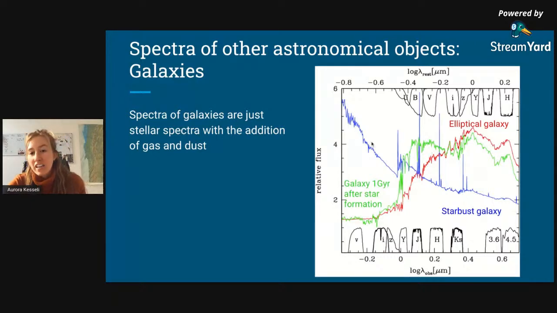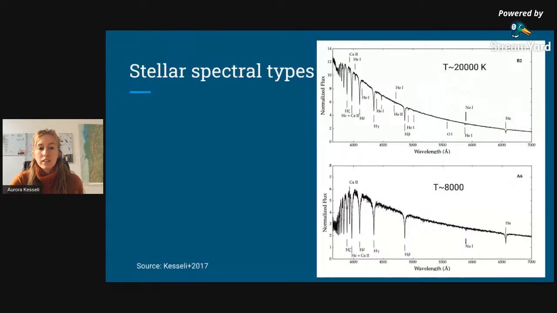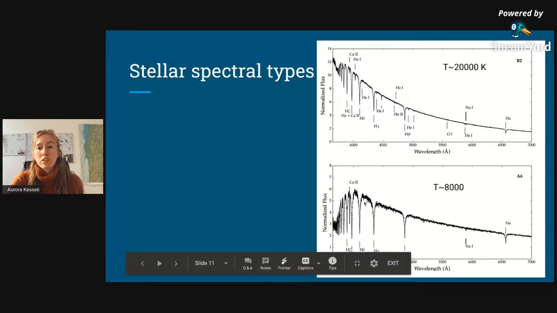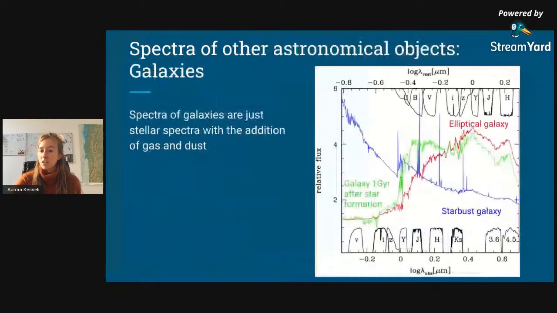On the other hand, in blue, here's a starburst galaxy. You can see that our starburst galaxy looks much more similar to either an A star or a B star or something like that. Because A stars and B stars are so hot and so bright, if you have very many of them in the galaxy, their light is going to completely dominate the spectrum.